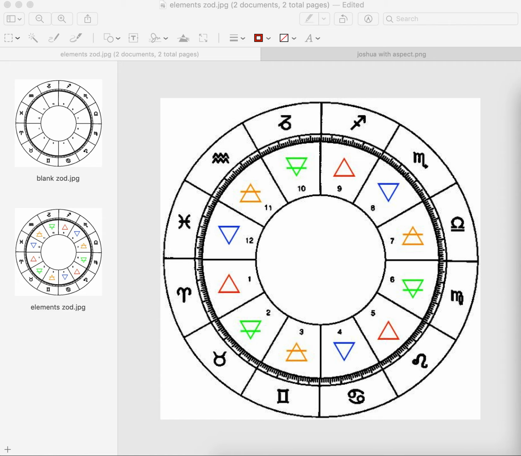Okay. Now, water: we have Cancer, Scorpio, and Pisces as our water signs. These are the most negative signs. I want to be really clear about this: positive and negative has nothing to do with good and bad. It has to do with sending out energy or receiving it. So when we say these are the most negative signs, these are the signs that want to receive the most energy in order to be on center.